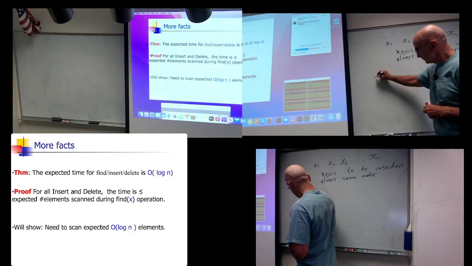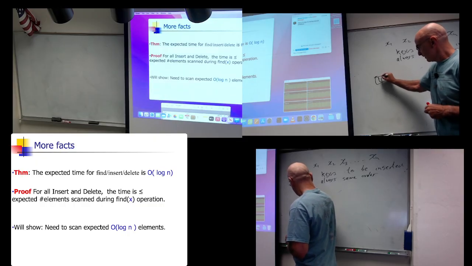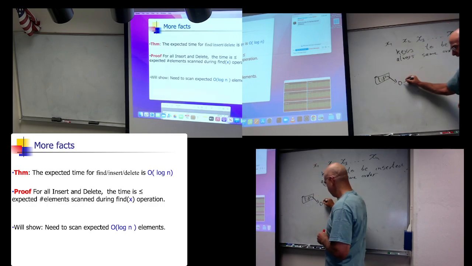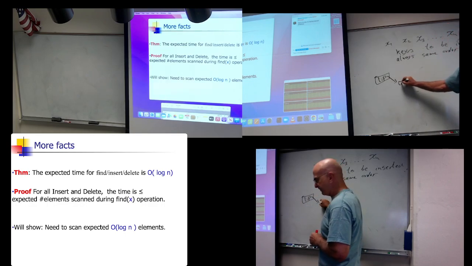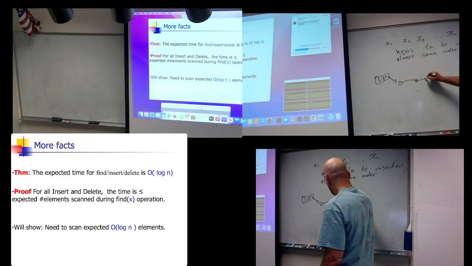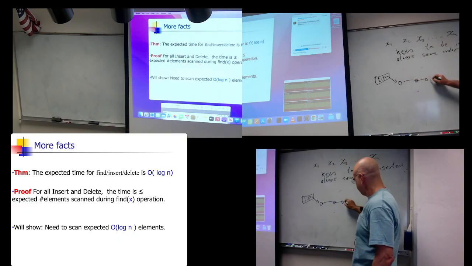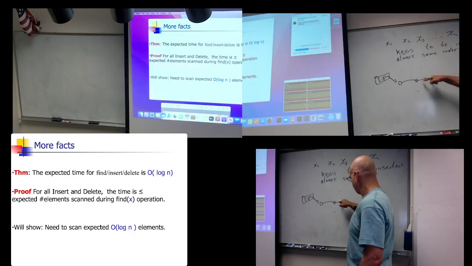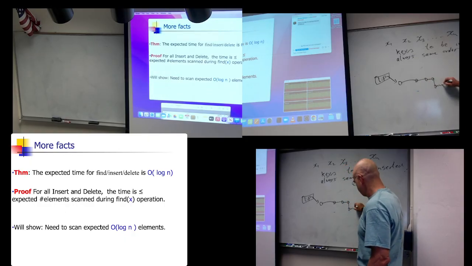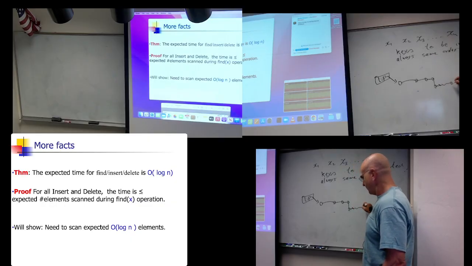I start from the top element. The top element sends me to an element of the skip list at the very highest level, that sends me to the next one, and the next one. In the highest level, I scanned a few elements. Finally, I move down a bit, continue scanning several elements in this level, go down a bit, and so on.